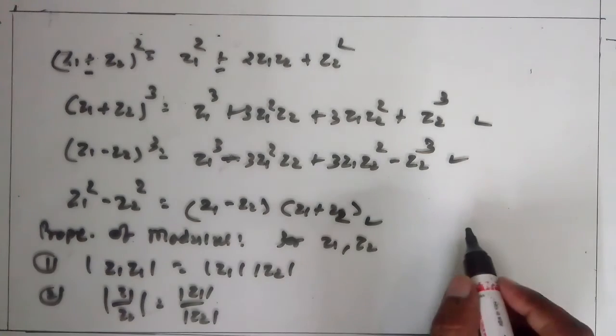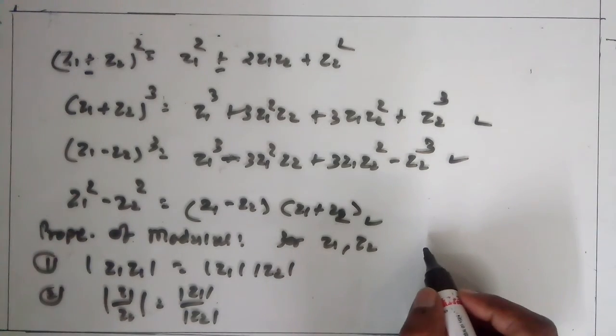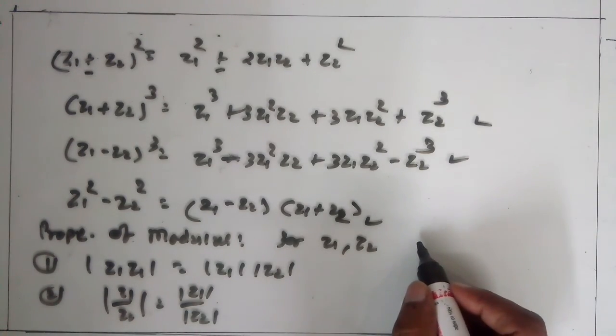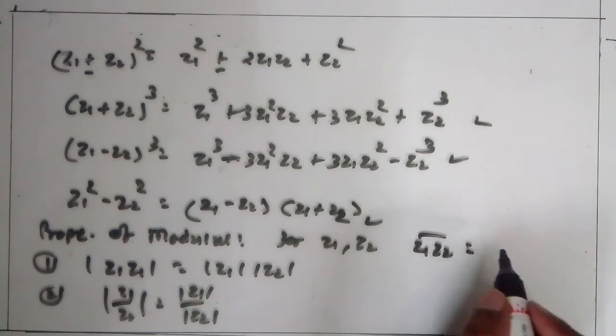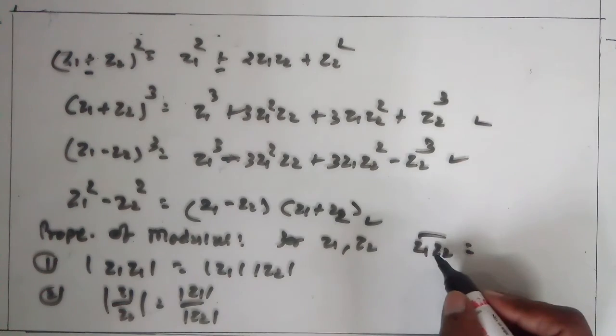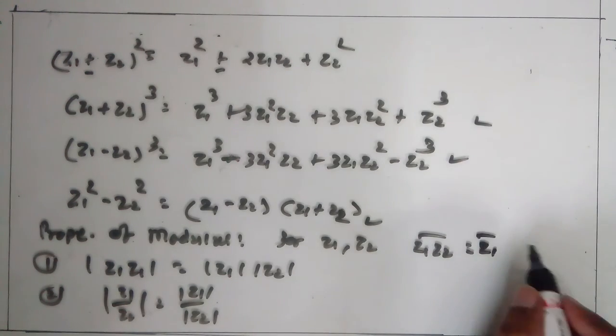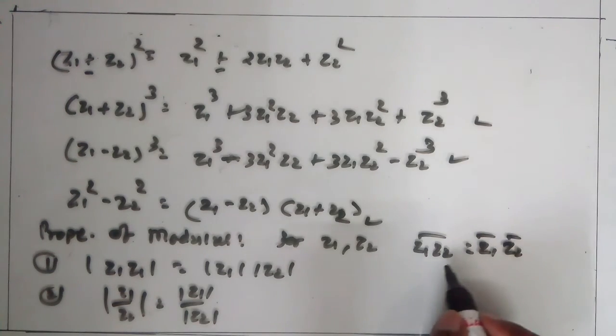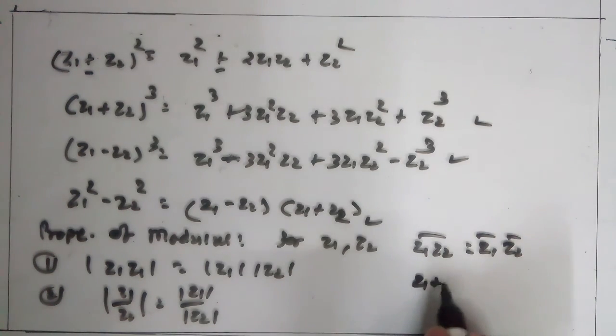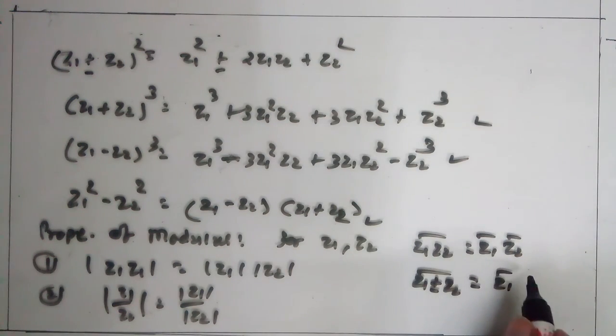Similarly, properties for conjugate: conjugate of z1 into z2 is equal to z1 bar into z2 bar. Similarly, conjugate of z1 plus or minus z2 is equal to z1 bar plus or minus z2 bar.